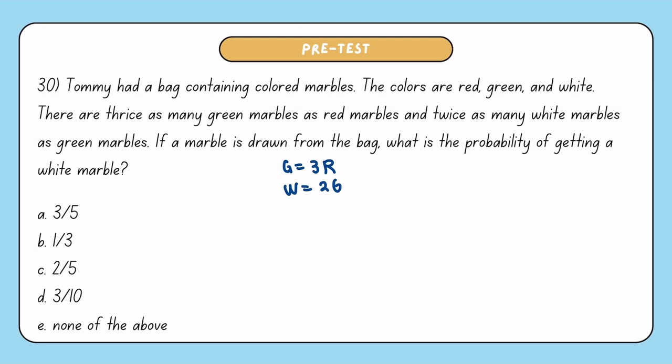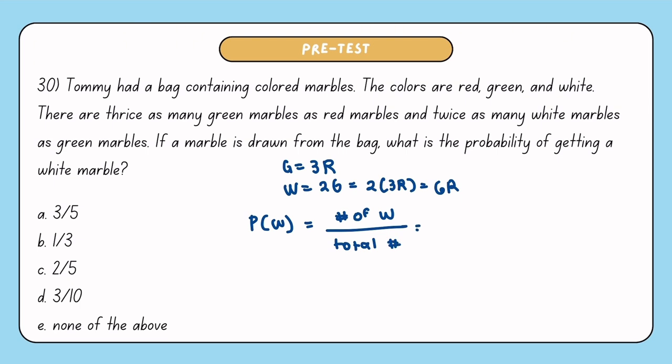And substituting G, we get 2 times 3R or 6R. So to get the probability of white, we will divide the number of white over the total number of marbles. So, white over red plus green plus white.